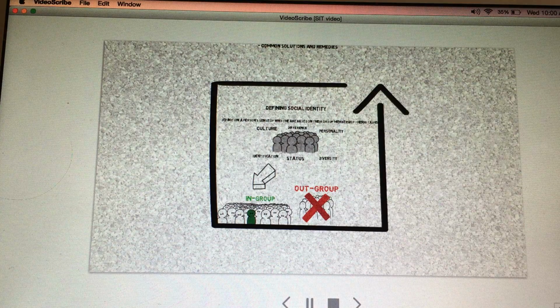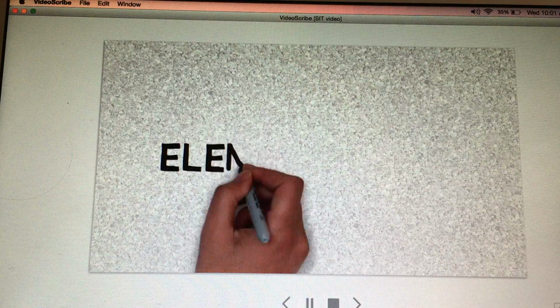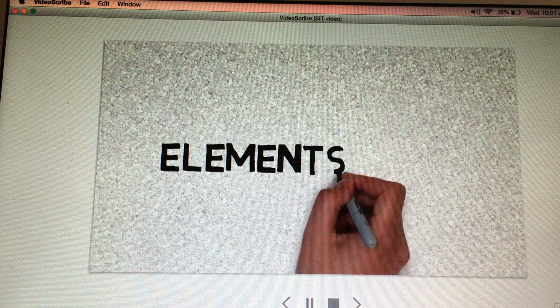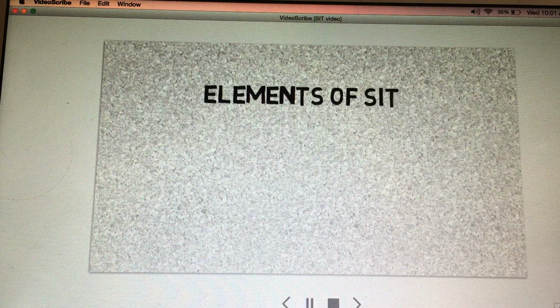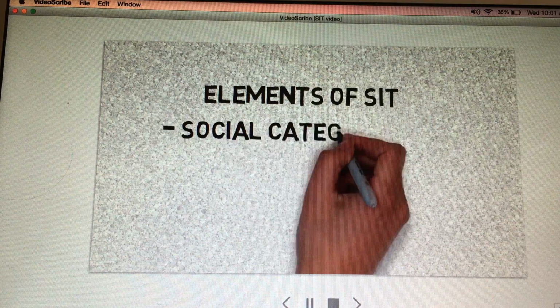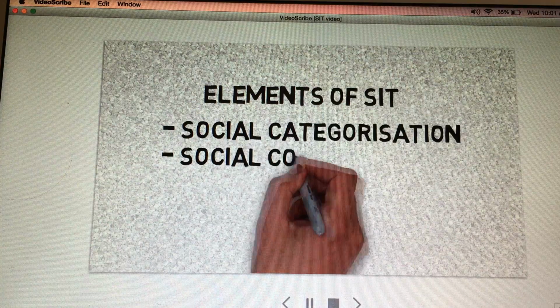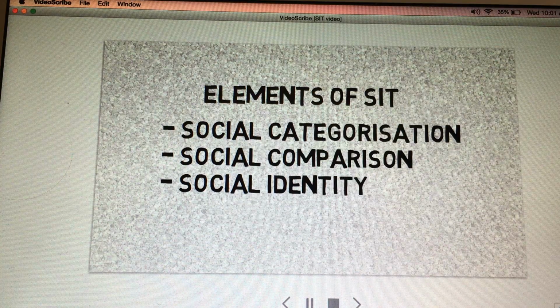Social identity theory proposes that there are three cognitive processes that we have the natural tendency as human beings to undergo or follow when we evaluate the out-group and the in-group. The first stage in the process is called social categorization.